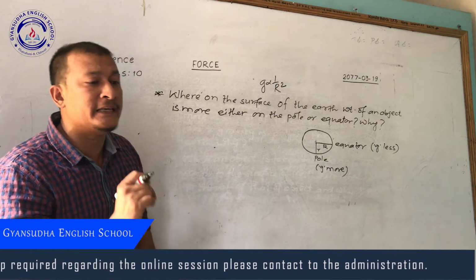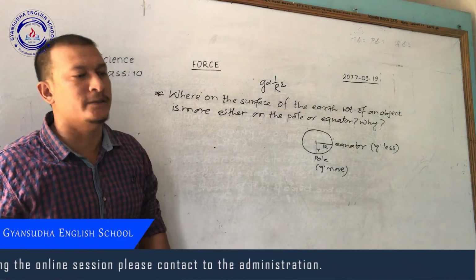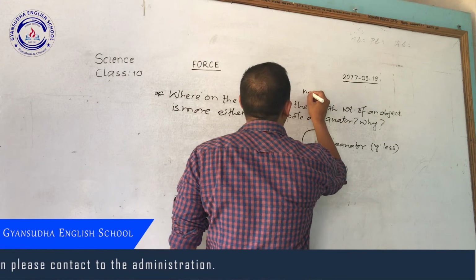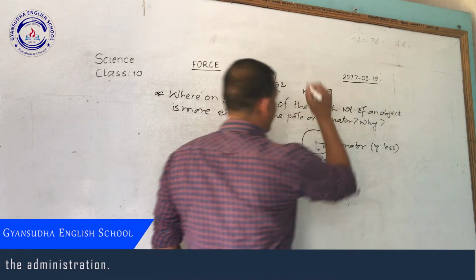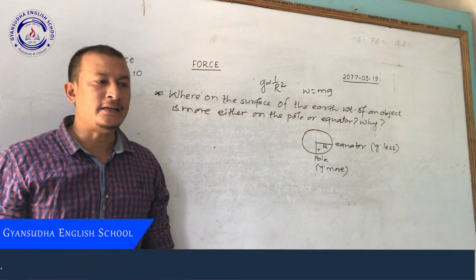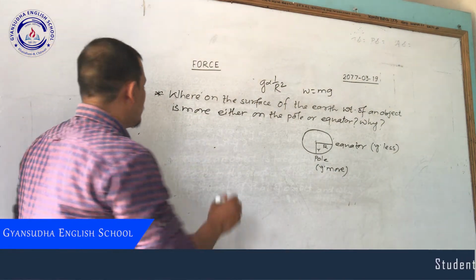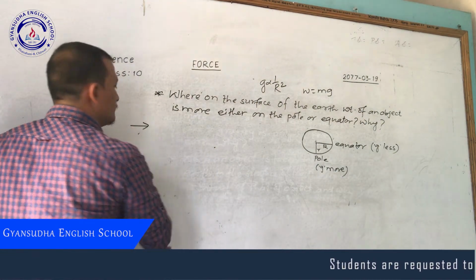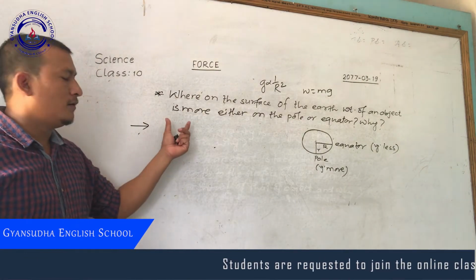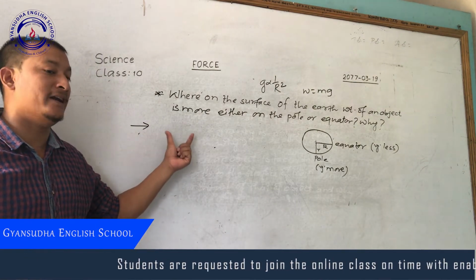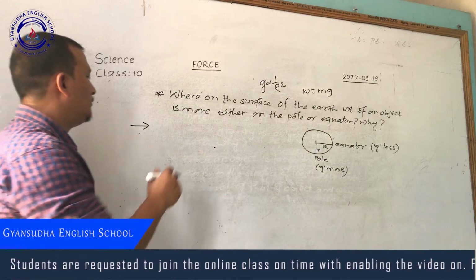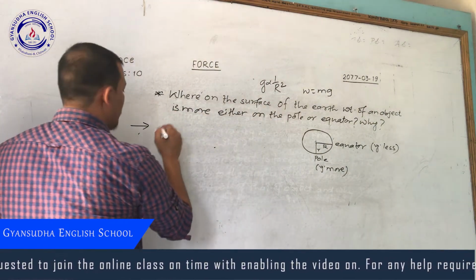Where the value of g is more, the weight is obviously more, from W equal to mg. Do you understand? So I will provide how to write the answer in a simple way, and you can write the answer with the help of this guideline. Okay?